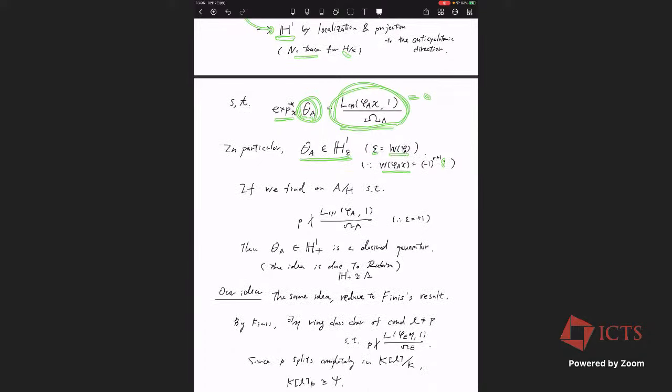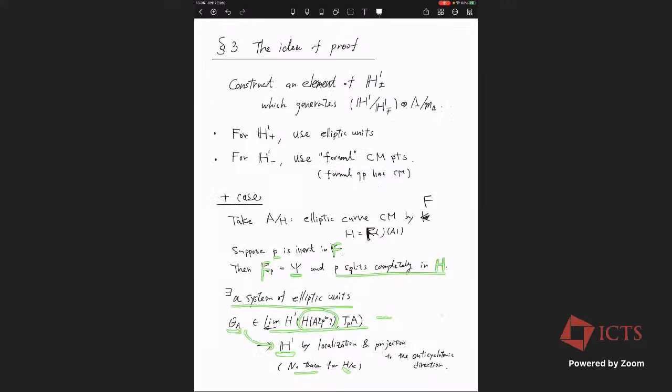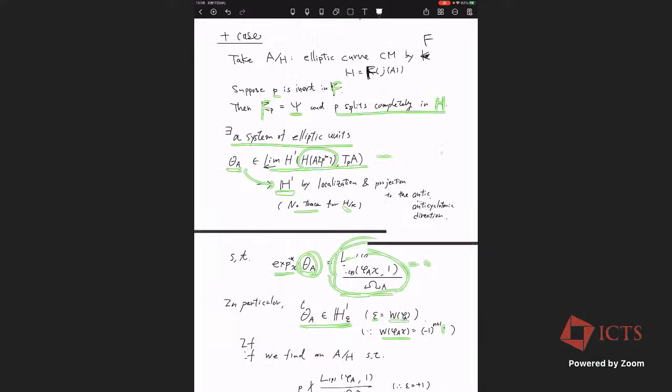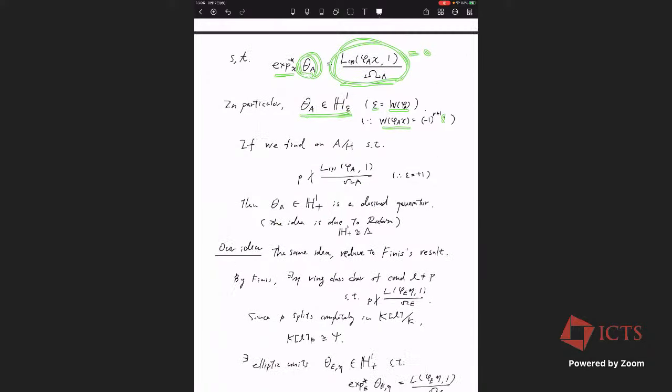Now, we want to show this generates the space. For this, we need to find an elliptic curve A such that the L value is p-indivisible. P does not divide the L value, so it is a p-adic unit.